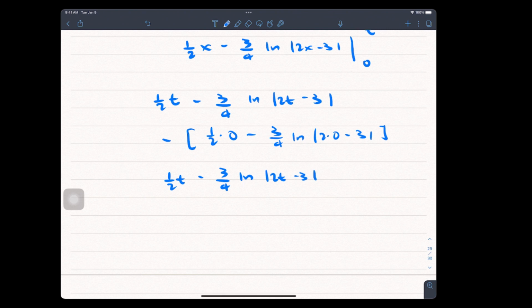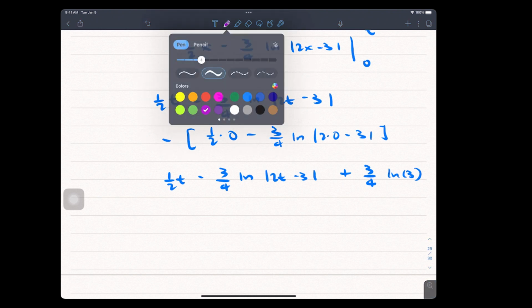Now that's minus 0, so that's going to be plus. I think it's plus 3/4 natural log of 3. Okay, you guys okay with that one? Anyway, so this is my I of t.